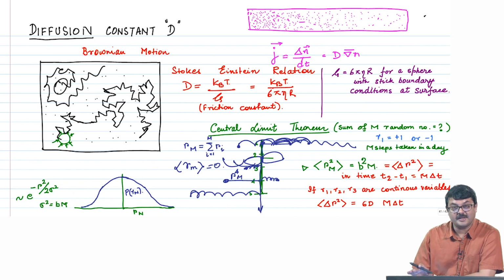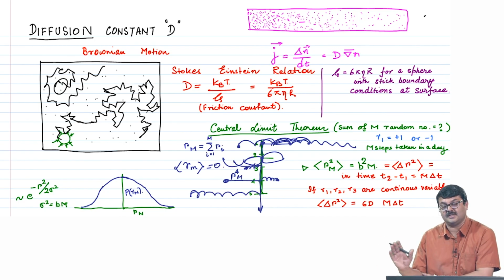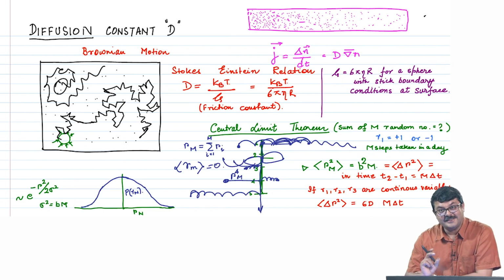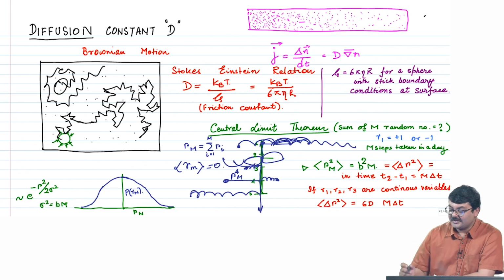Here I introduced time, in the previous one we just talked about m steps. Now suppose each of these m steps takes time delta t. So in m steps the total amount of time elapsed is m delta t.